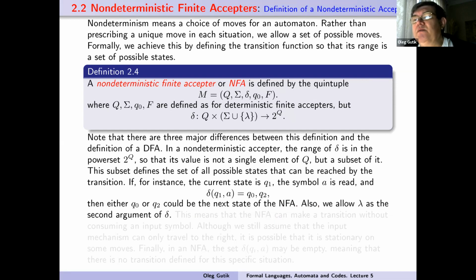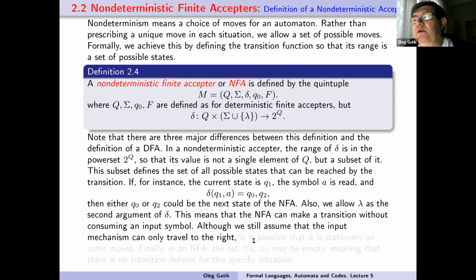Also, we allow lambda as a second argument of the transition function delta. This means that the non-deterministic finite acceptor can make a transition without consuming an input symbol. Also, we still assume that the input mechanism can only travel to the right.